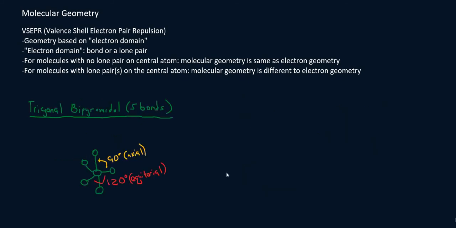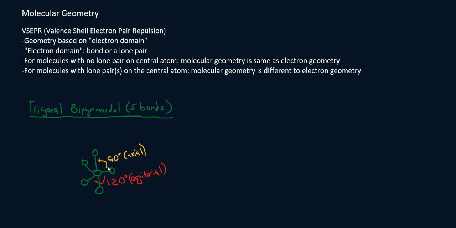So next up on our list is going to be a central atom with 5 bonds going around it, and this is going to be our trigonal bipyramidal geometry. And what's interesting with the trigonal bipyramidal geometry is now we have 2 different bond angles.